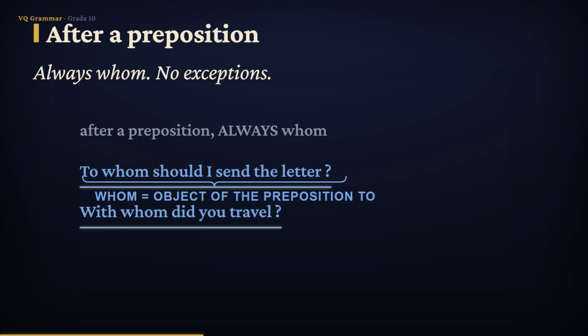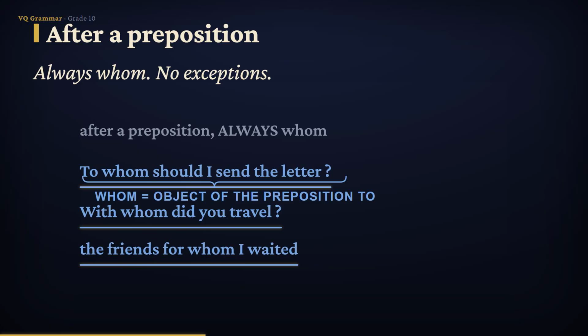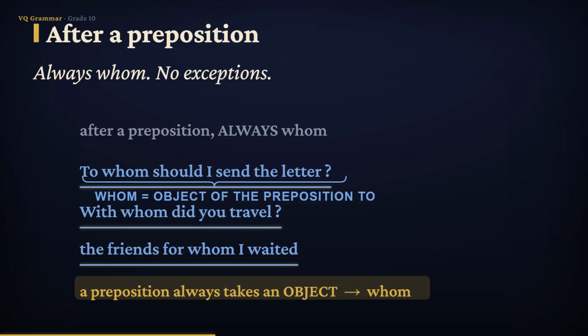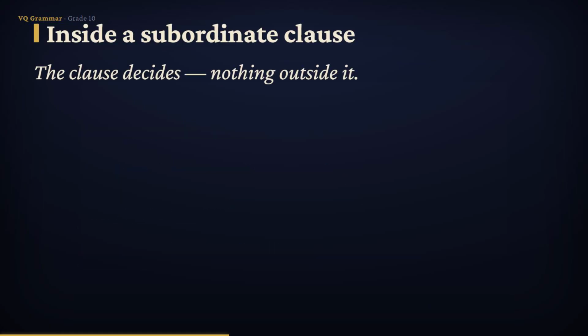And here, the friends for whom I waited. To, with, for, all prepositions, and every one of them is followed by whom. Whom is the object form, so whom is what a preposition takes. Whenever you see to, for, with, by, or about sitting right in front of the pronoun, reach for whom and don't hesitate.